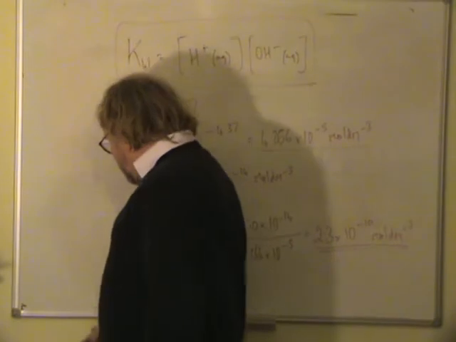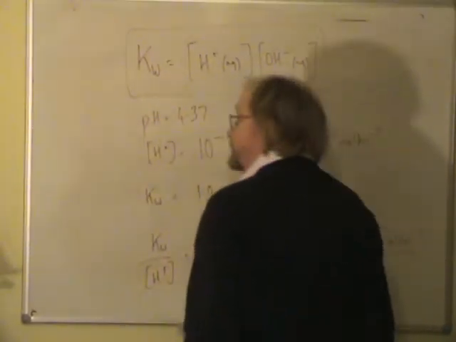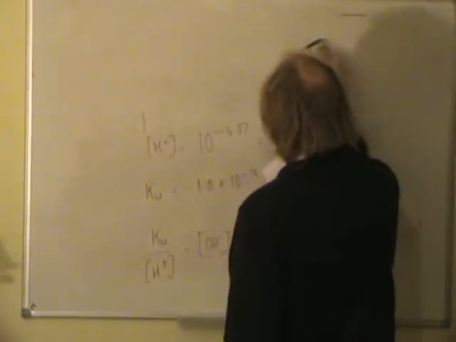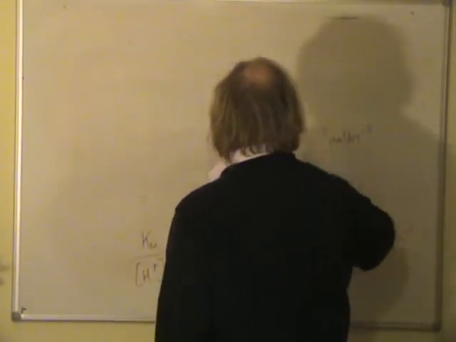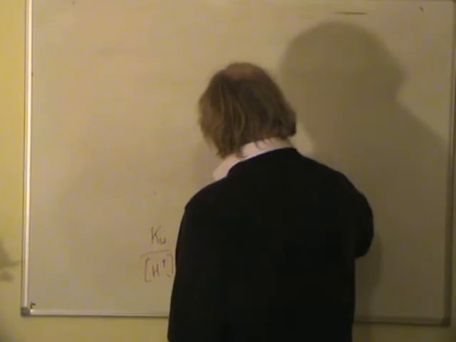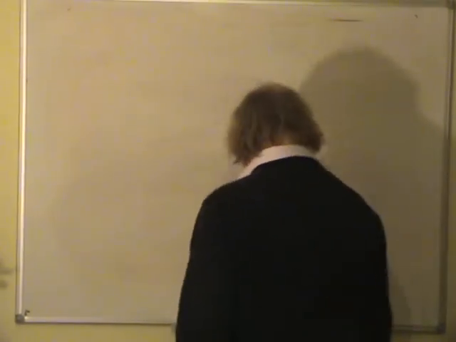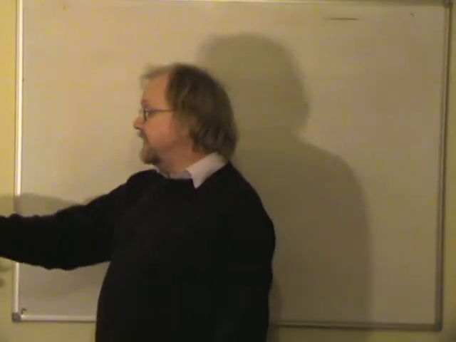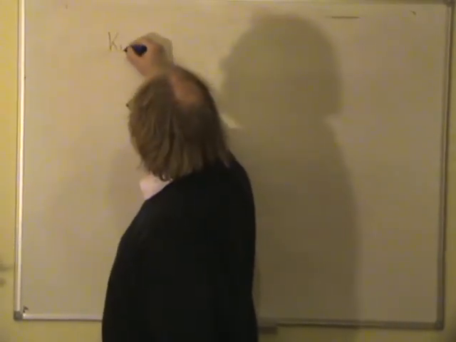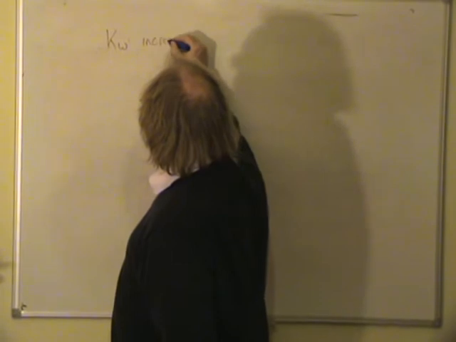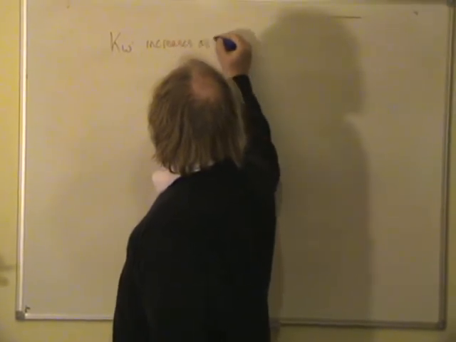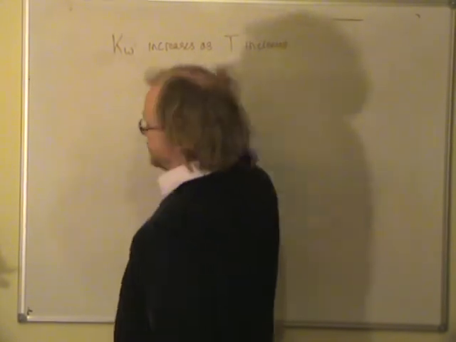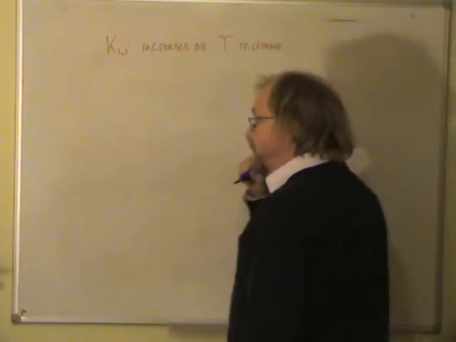Okay, now the next part is asking us to look at the graph and use that to tell us what's happening to the equilibrium as the temperature changes, and therefore whether the reaction is endothermic or exothermic. So you can see clearly that Kw increases as the temperature increases, and you should state that because that's simply what the graph is showing you.